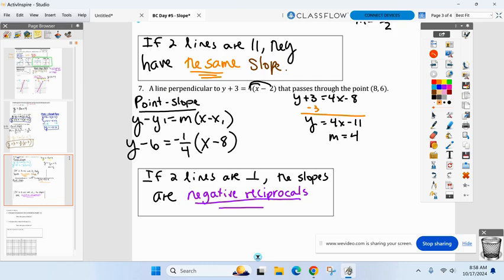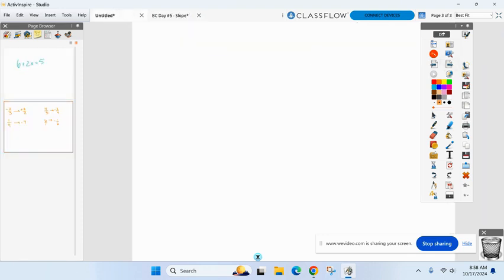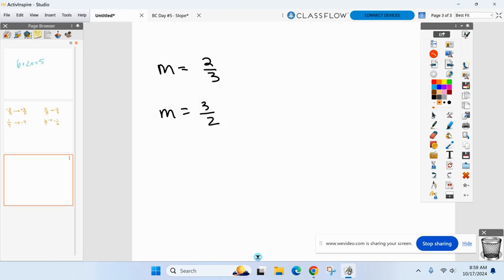And then the question may come up too. Well, what if they're neither? Okay, so they're not parallel. What if I give you one slope is 2/3, and another slope is 3/2? Are they parallel?